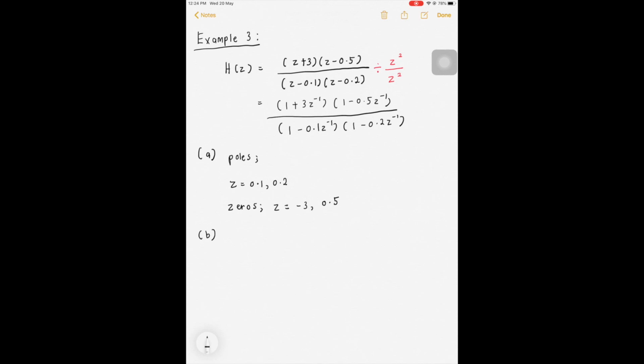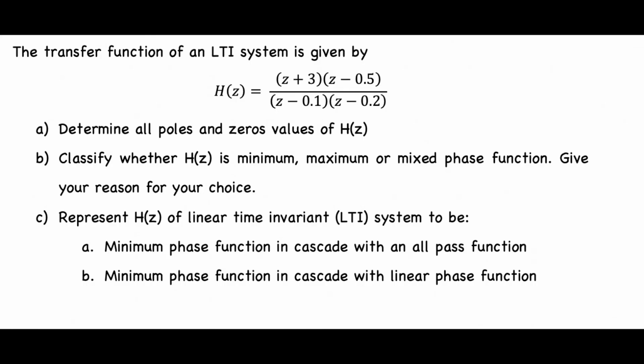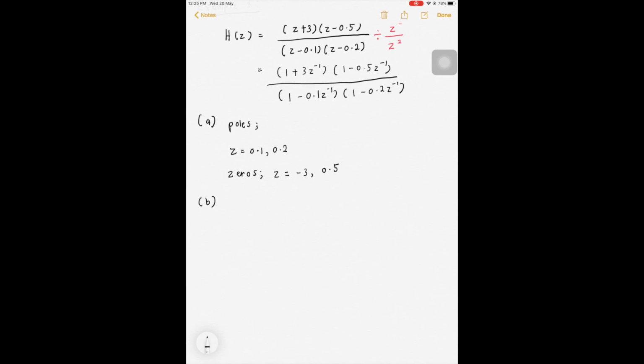Okay, so next for part B: classify whether H(z) is a minimum, maximum or mid-phase function. Give your reason for your choice. For you to know whether a function is classified as minimum, maximum or mid-phase, you need to refer to the zeros values.